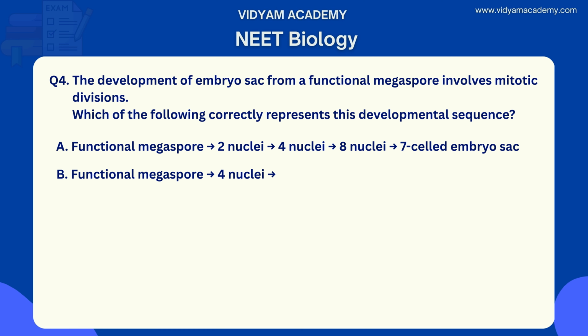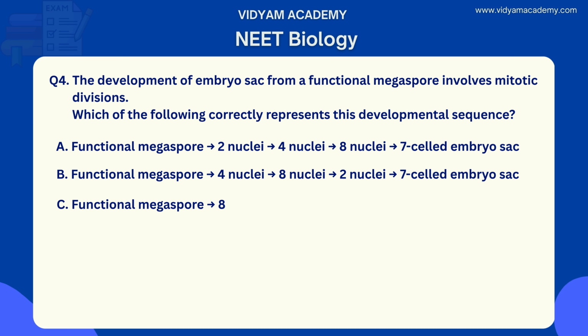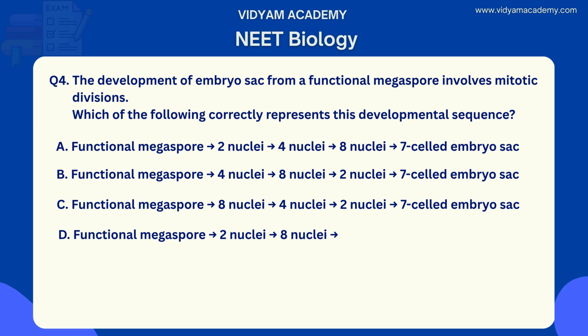Option B, functional megaspore, 4 nuclei, 8 nuclei, 2 nuclei and 7-celled embryo sac. Option C, functional megaspore, 8 nuclei, 4 nuclei, 2 nuclei and 7-celled embryo sac. Option D, functional megaspore, 2 nuclei, 8 nuclei, 4 nuclei, 7-celled embryo sac.